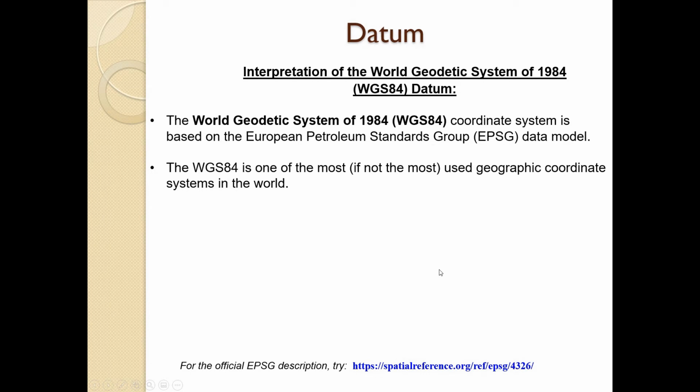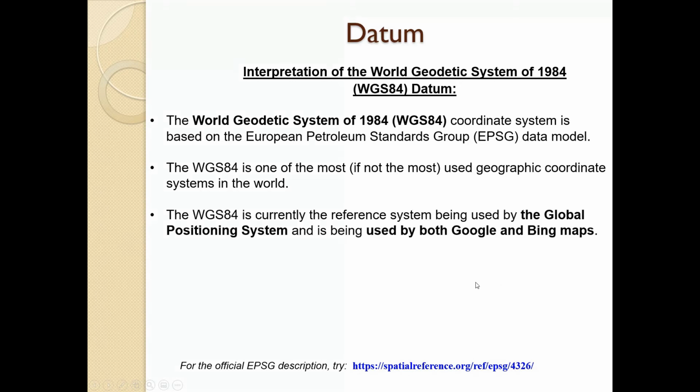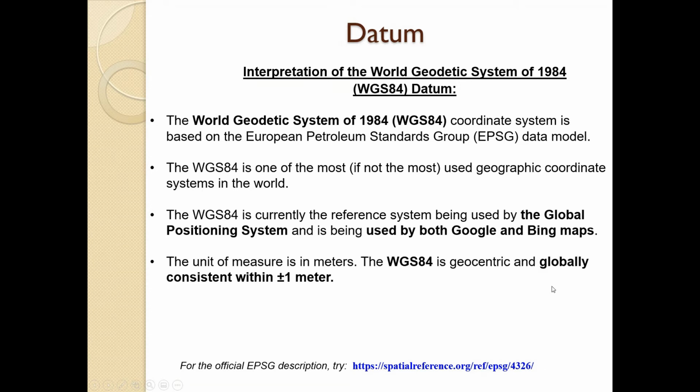It's one of the most used methods for geographic coordinate systems. And it's being used by global positioning systems. And both Google Maps and Bing Maps are using this particular system. And like we said, the measure is in meters and is consistently globally accurate within plus or minus 1 meter.